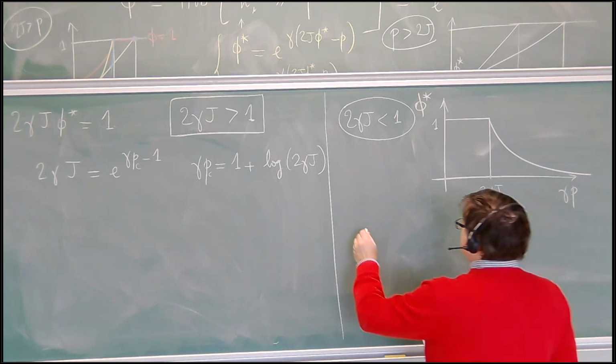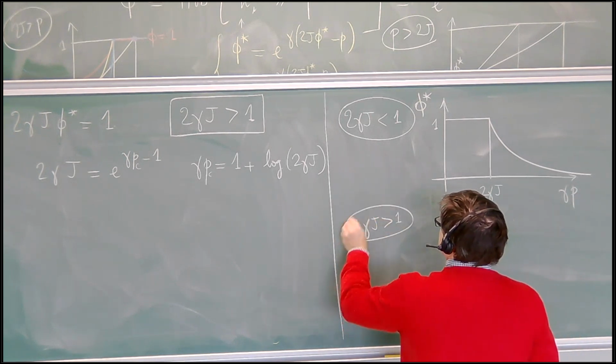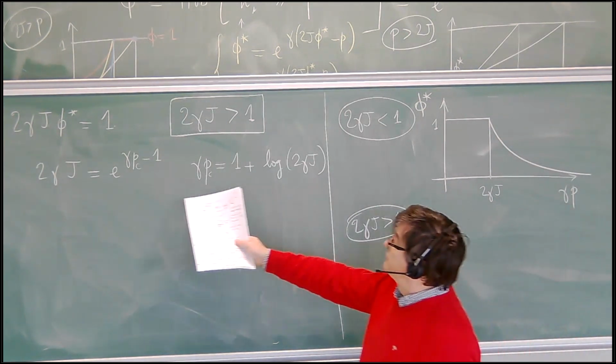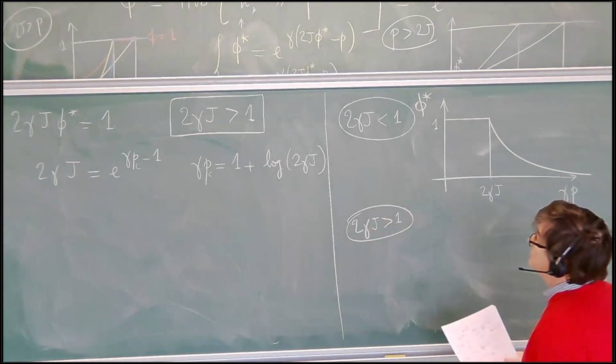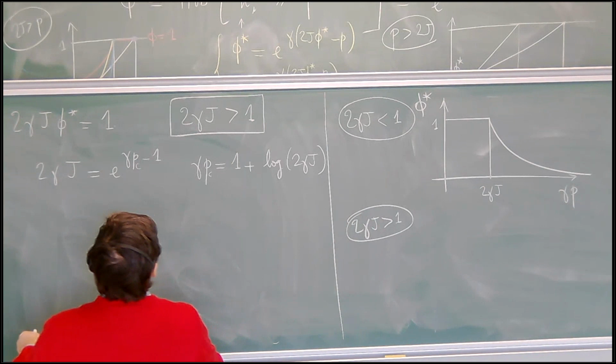So more interestingly, what happens if 2 gamma j is greater than 1? Then we know that some non-trivial solutions can happen. And remember something that I've assumed here.